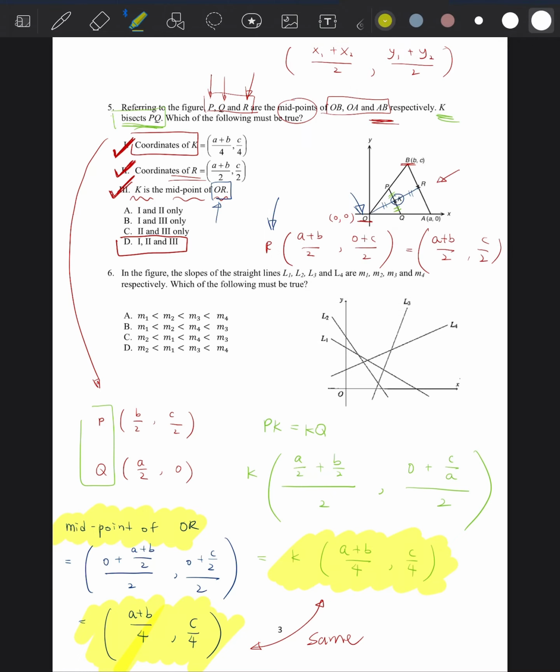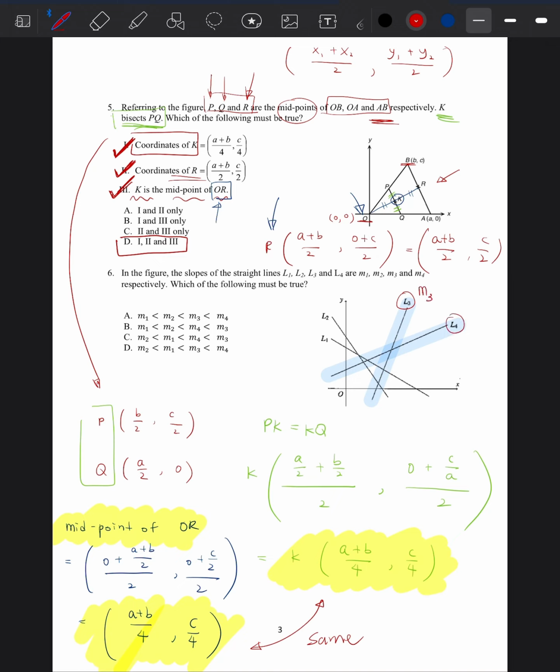Number 6, you had a similar question in the previous chapter test already. Here, let's look at it separately. Let's look at the positive gradients first. So from this direction, these two are the positive gradients, and by looking at it, your L3 is steeper than L4.